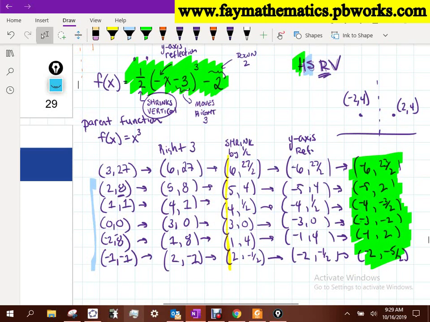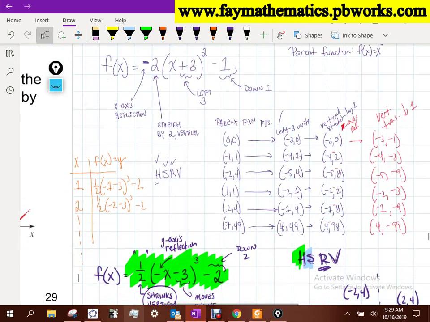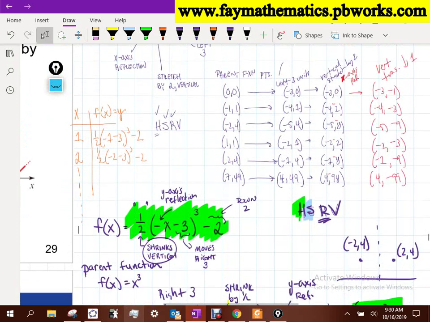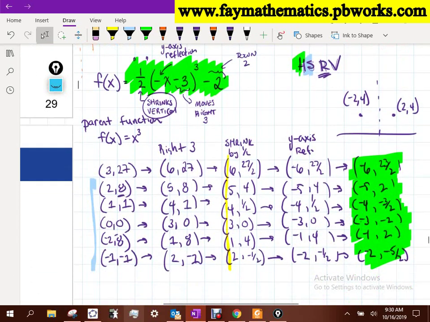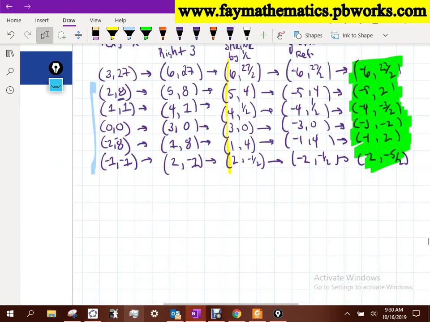Because what we find out is that these really aren't all that useful in graphing this green function, 1/2 times the opposite of x minus 3 cubed minus 2. It's these domain values that are going to show the behavior of this graph.